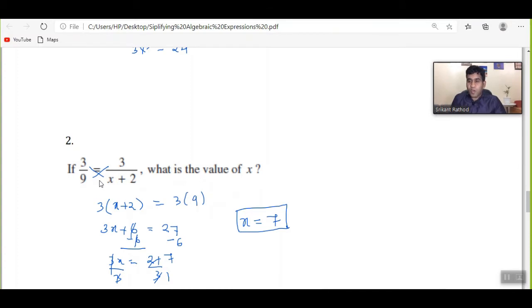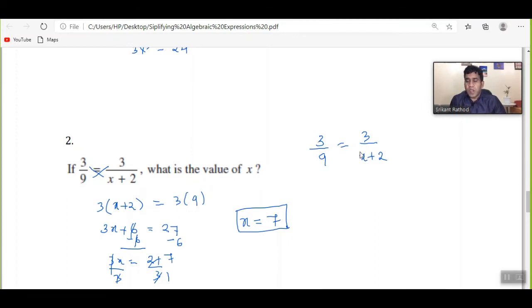Instead of doing all this, in a competitive exam you can think of it this way: for what value of x can I make this expression equivalent to this? We have 3 by 9 is equal to 3 by something. So we have x plus 2. So 3 in the numerator, 3 is also here in the numerator. Then what would be the value of x?